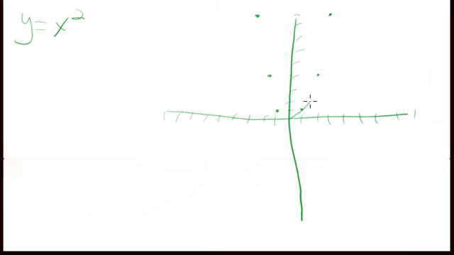Okay, I want you to again distinguish between functions, particularly, I want you to distinguish between equations and graphs. I wouldn't say that an even function is reflective about the y-axis. It's not. The graph of an even function is reflected about the y-axis.